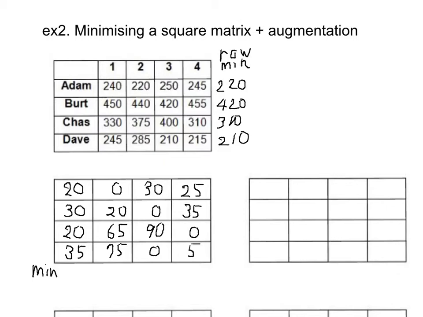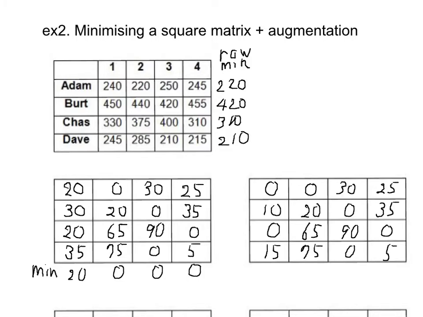The minimum from column 1 is 20, second one is 0, 0, 0. So I'm going to subtract 20 from each element in column 1 and create a new matrix. Now I have performed the row reduction and the column reduction, and written a new table over here.